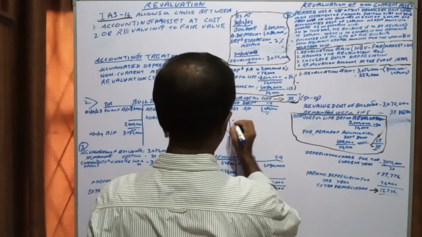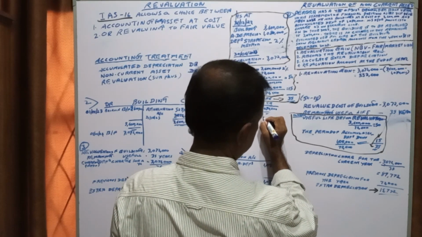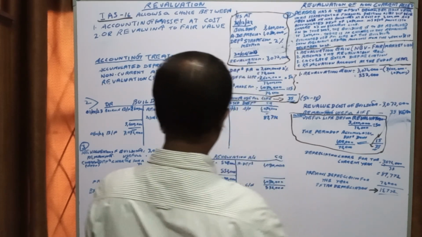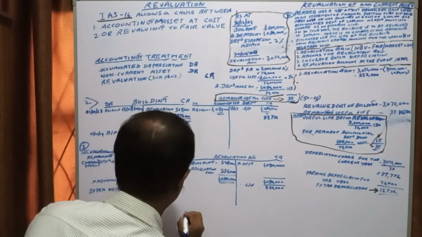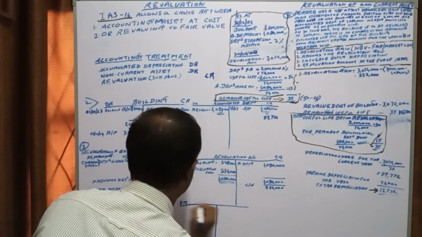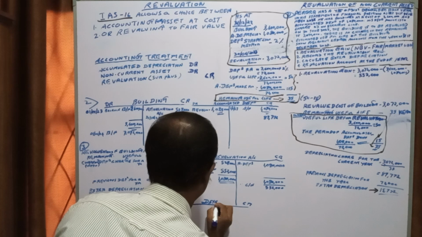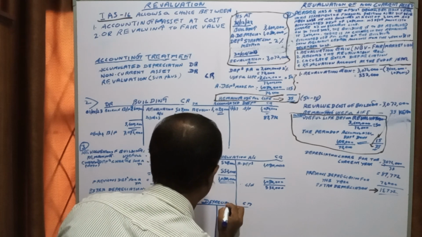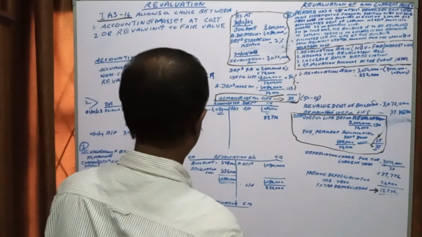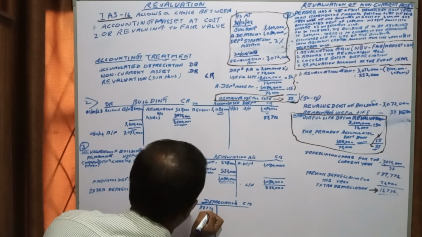Accumulated depreciation account credit 87,772, and depreciation account debit 87,772.